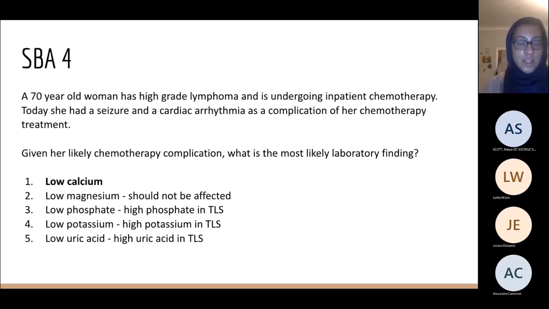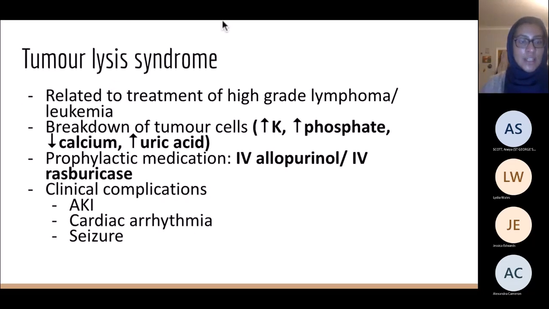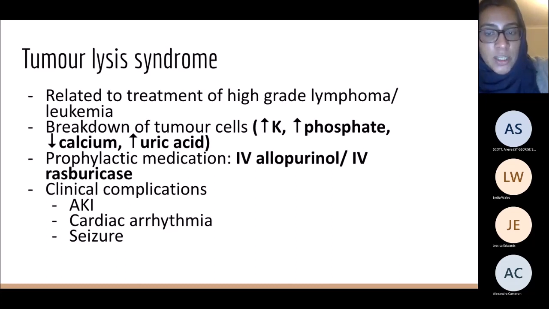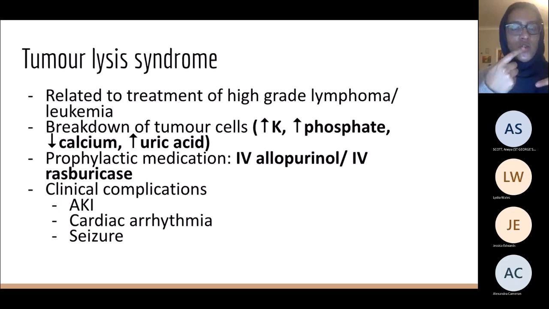Now, tumor lysis syndrome is essentially related to rapid cell death, and it's most often seen in those who have just started chemotherapy, particularly for hematological malignancies, things like leukemias and lymphomas, because what's often associated with these cancers is high proliferation of cells.